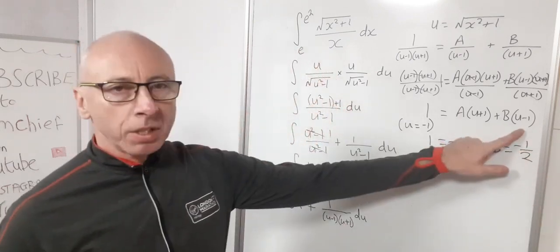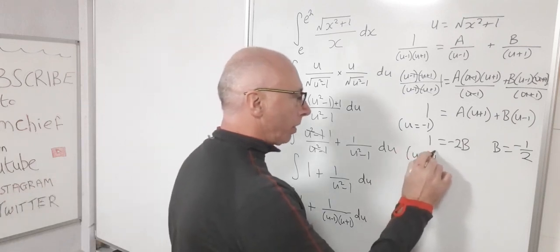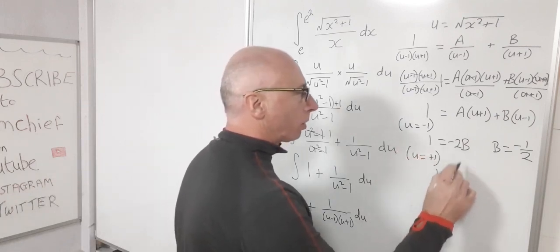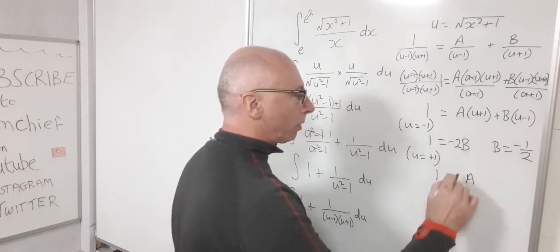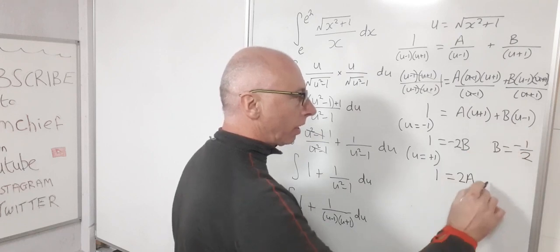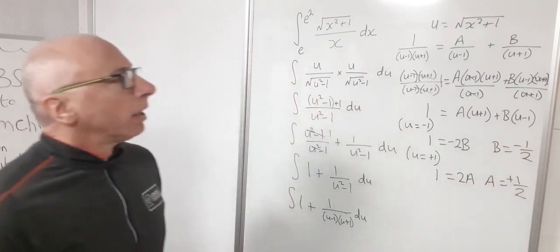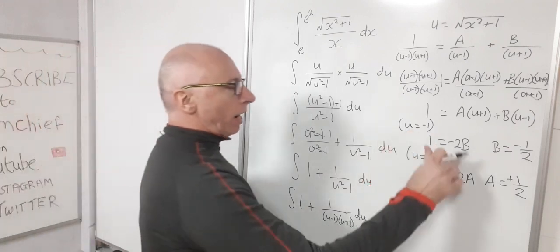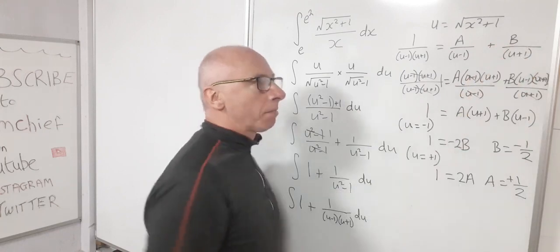And then for this one to disappear, let's let u equal plus 1. So now u equals plus 1. I will then have 1 equals A, which will stay, times 2, so that's 2A. This will disappear, so A equals positive 1/2. So therefore A is a half, and my B will be minus a half.